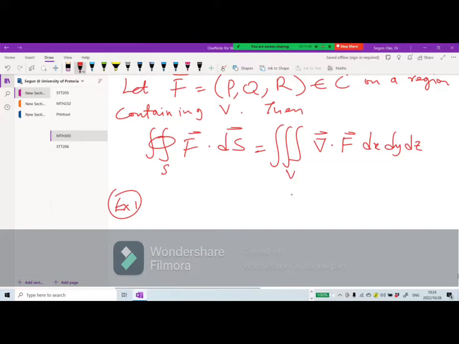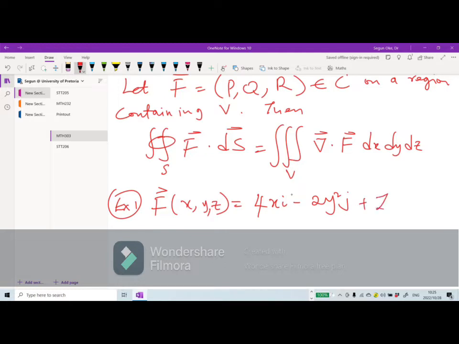We have F of x, y, z equals 4x i minus 2y squared j plus z squared k.